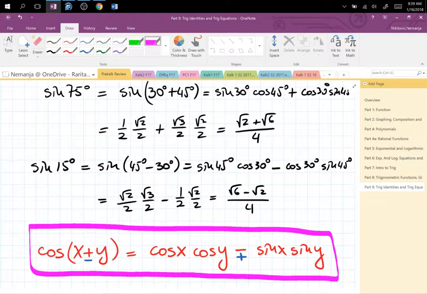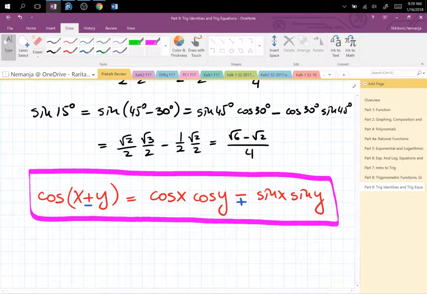And then the use of this is going to be exactly the same as the one for sine. You are going to use the 60 minus 45 to get 15, or 45 minus 30 to get 15. So whatever you come up with. And the last one that we cover, these ones are rarely used, but they are around, is the tangent of x plus y, right?